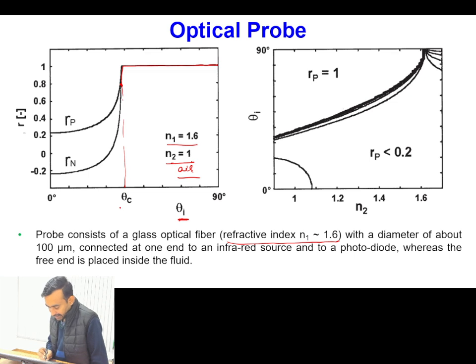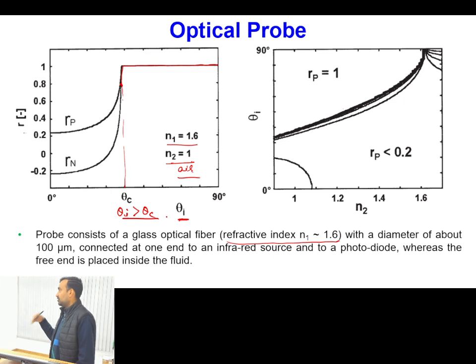If I maintain the angle of incidence in the optical system which I am going to design or use greater than the critical value, then the strength of the signal parallel to the incident wave and normal to the incident wave will be the same. At the same time, it will also have a higher magnitude in comparison to the lesser angle.